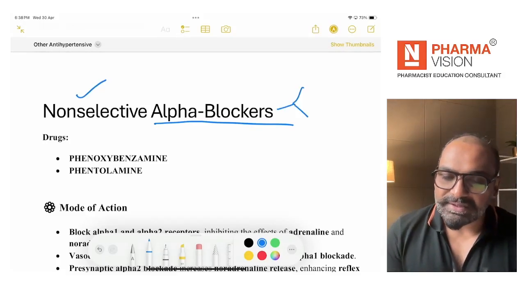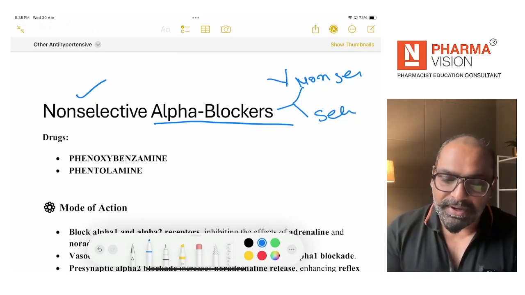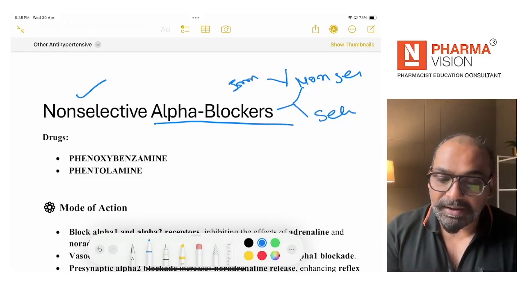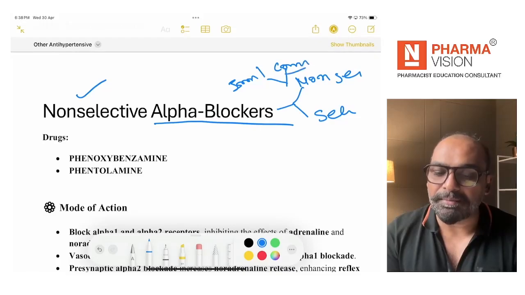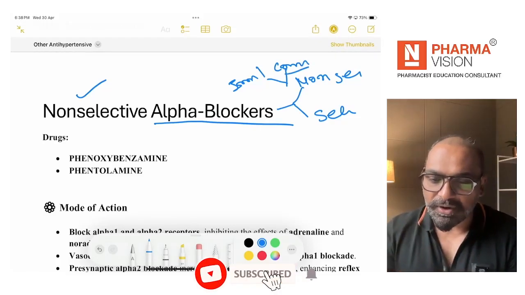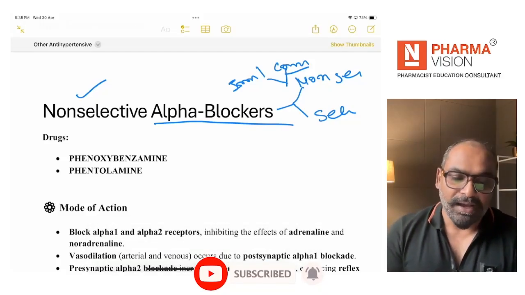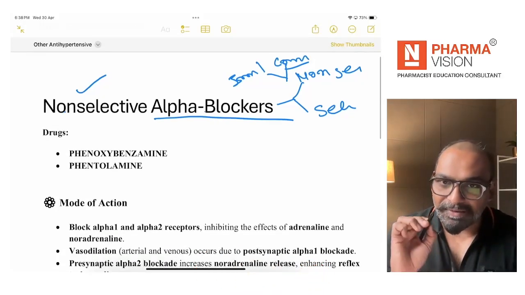The non-selectives are divided further into two groups, one irreversible and the other competitive, that is, reversible. Don't get confused with this terminology, this can add to your clarity. Okay, so non-selective alpha blockers.